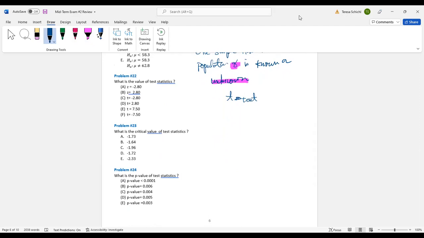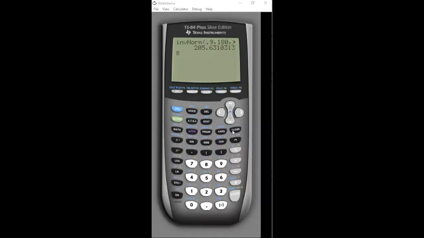Okay, so now let's go to our calculator. Okay, we do the t-test, right? So clear that. We do stat, then we go to test. So which test? T-test here. All right. Am I using the raw data or statistics? I'm using the statistics. Okay, so move the cursor here and hit enter. Now, what is mu zero? The mu zero is 62.8.